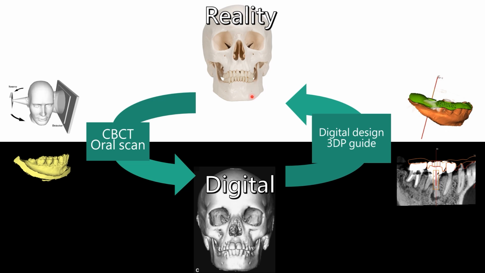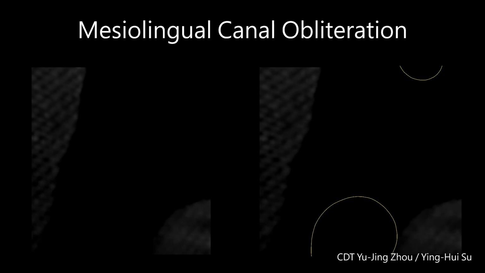We have the real tooth and scalp bone, and we take CBCT and an oral scan to take the tissue information into the digital world. In the digital world, we do the digital design and 3D print the guide. And we use the 3D printed guide back in reality to treat the patient.